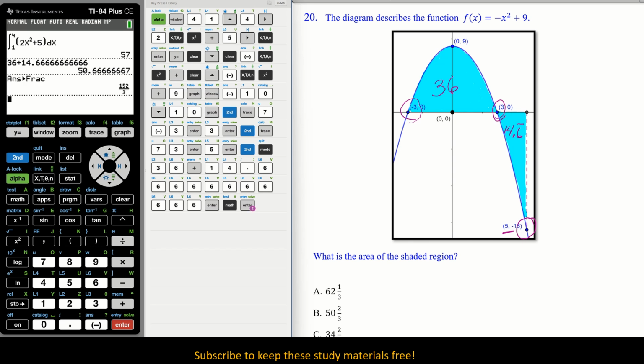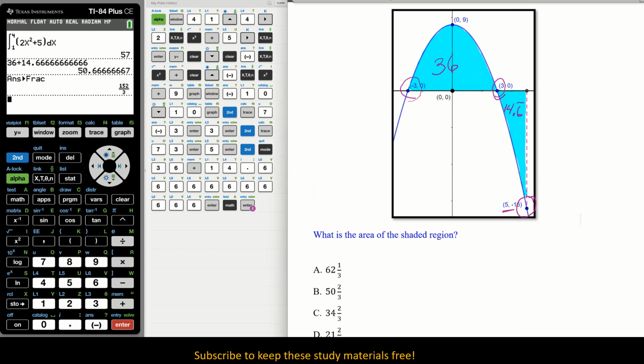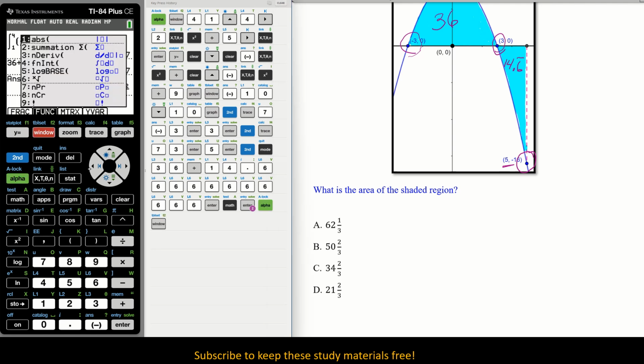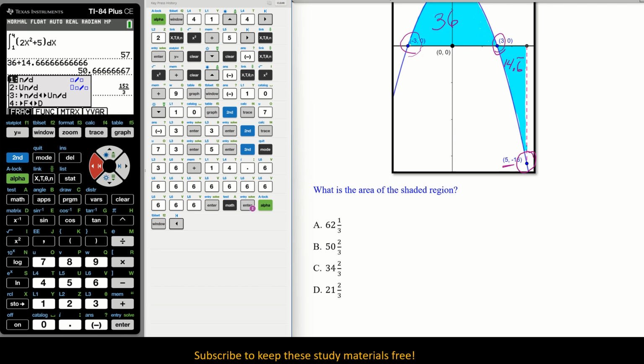Push again. And you're like, well, that's not the fraction we have down here in our answer options. Doesn't matter. We need to go alpha, window, arrow over, and we're going to number 3 to switch our fraction to a mixed number. Okay, push enter.